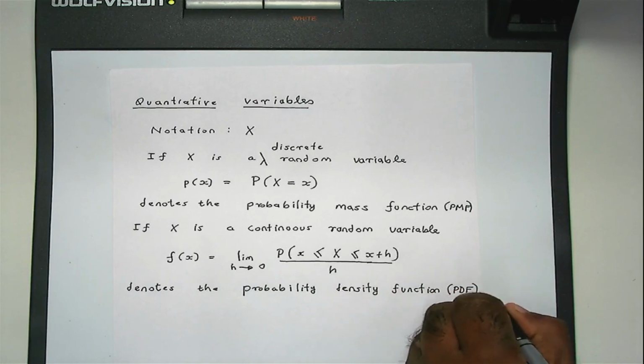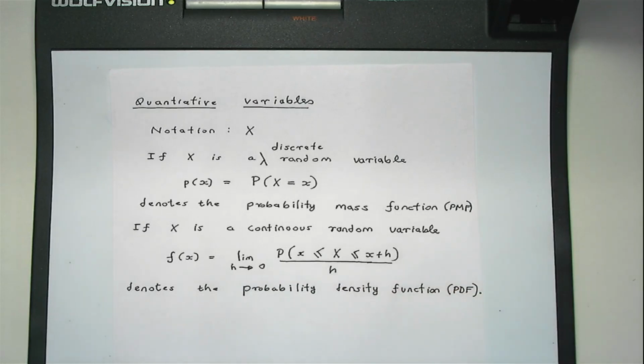So the probability density function is for a continuous random variable, and the probability mass function is for a discrete random variable, right?